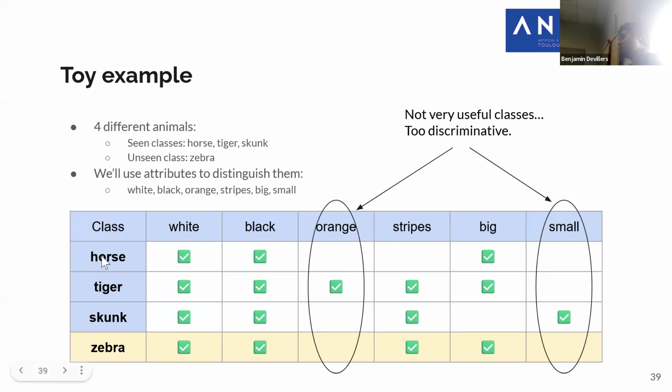If I just show you examples with horses, tigers, and skunks, a skunk is black and white, by the way, you will just learn that orange is tiger, and that's it. You will not learn that orange is actually a color. But if I give you an orange, the fruit, in addition to that, so you have two references for orange. Okay, what's common between the tiger and the fruit? Maybe it's actually the color, because that's what is in common. So if it's too discriminative, you will not learn anything. You will just associate one property with the class, and that's it.